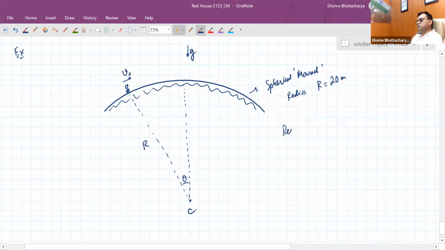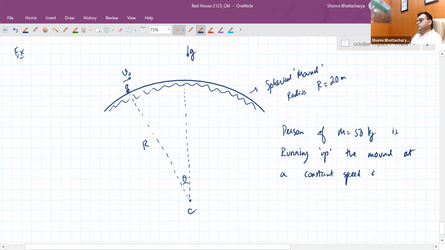Now a person of mass 50 kgs is running up the mound at a constant speed of, let us say, 5 meters per second.